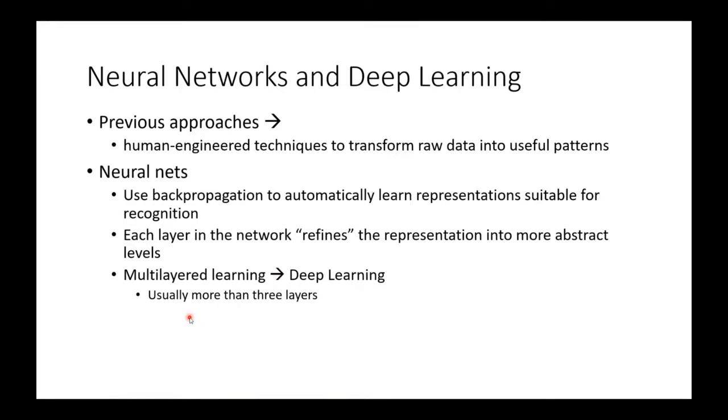Some people say a deep learning system should have this and that, but most people would agree that a deep learning system is just a neural network with various layers. Some people say more than 3 layers, some people say many layers, a lot more than 8 or 10 layers. So there is not a proper distinction.